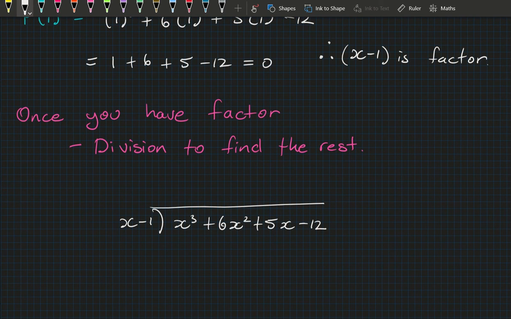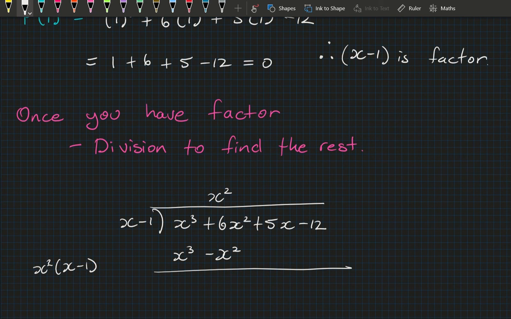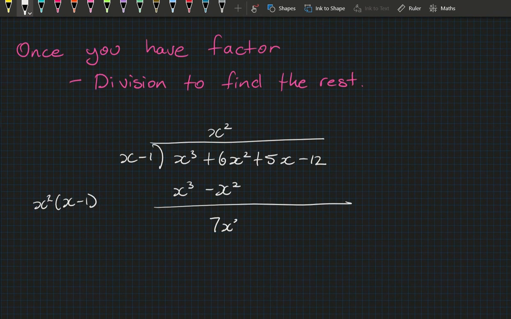So I'm trying to get rid of x cubed here, so x squared times x minus 1 is x cubed minus x squared. So I'll put my x squared up the top there and subtract that away, which will give me 7x squared plus 5x minus 12.